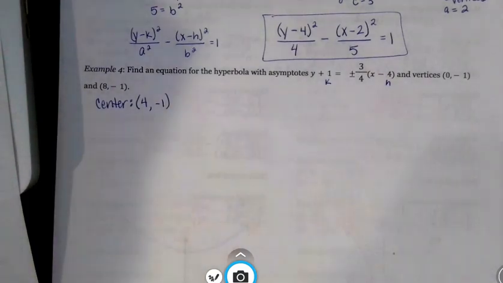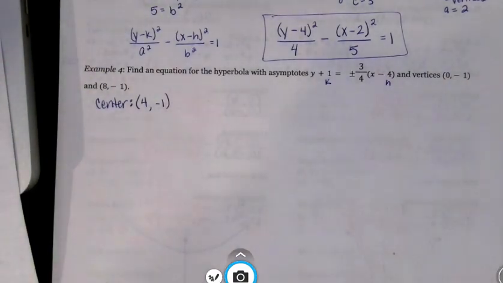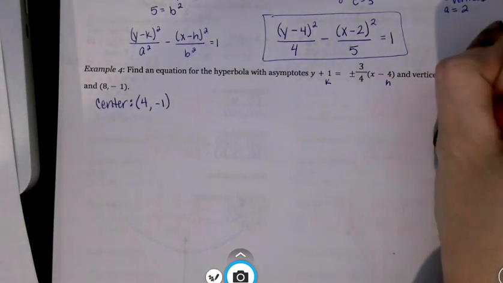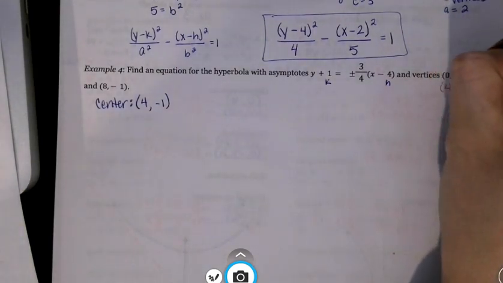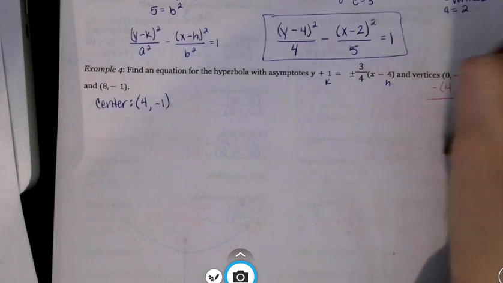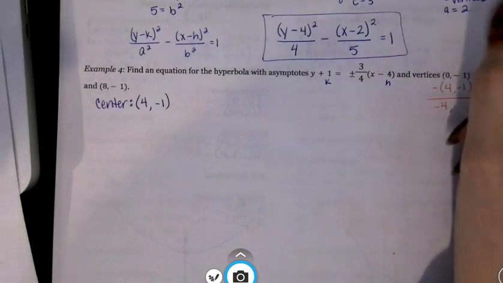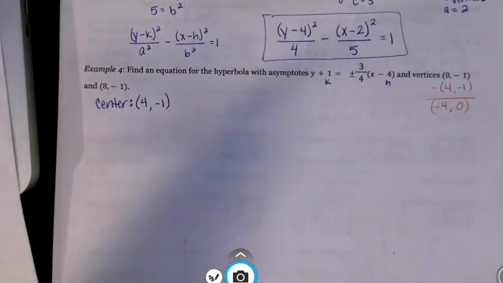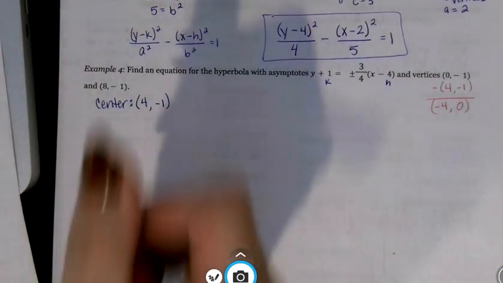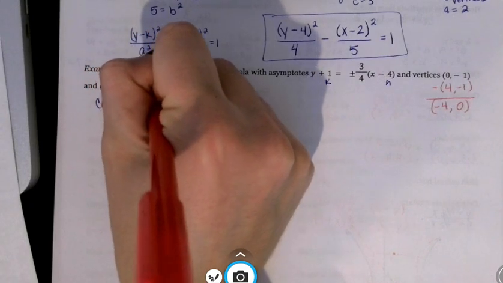So then, using my vertices and working backwards, I am going to subtract my center from those to get my original ones. So 0 minus 4 is -4, and then -1 minus a -1 is 0. And then I'm going to do it off to the side here.